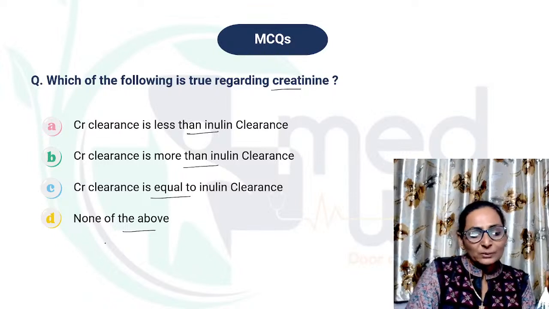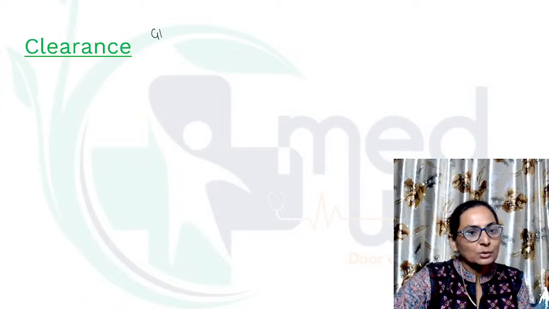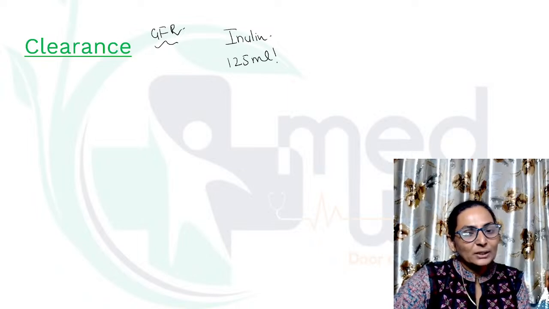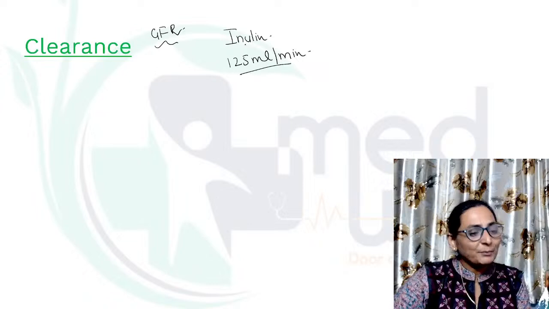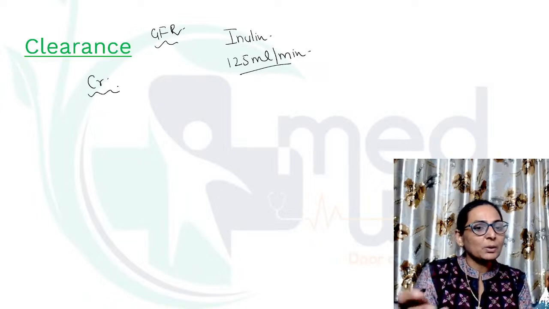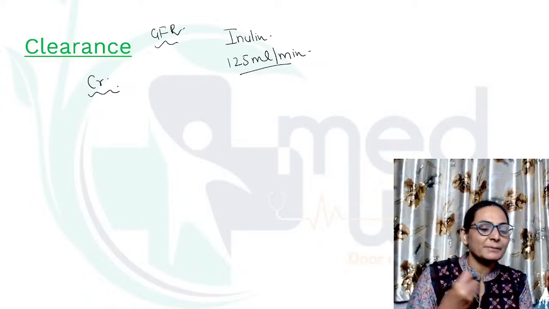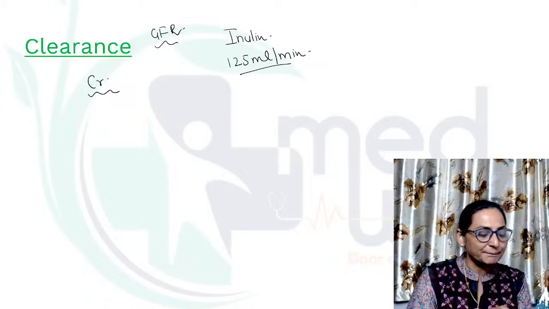Now, we know that when we look into clearance and we want to find out GFR, the gold standard is inulin. And with inulin, it is 125 ml per minute, which is same as your GFR. But for practical purpose, instead of inulin, we prefer creatinine because it is a product of muscle metabolism and we need not give it exogenously.